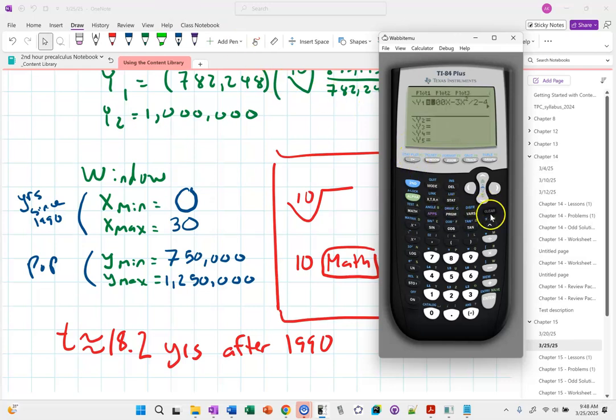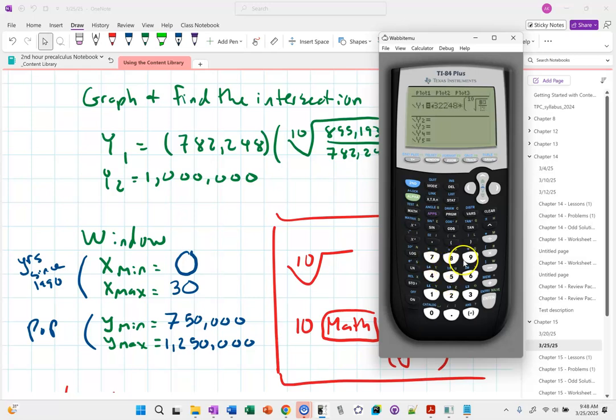All right, so into my calculator, I typed 782,248 times parenthesis the 10th root of, so I did the number 10, math, command 5. So you see how the 10 is now like a 10th root? And then I'll do that fraction command. So I have 895,193 over that 782,248.